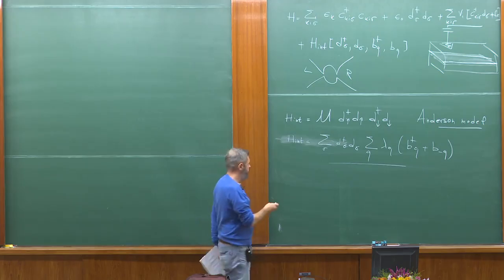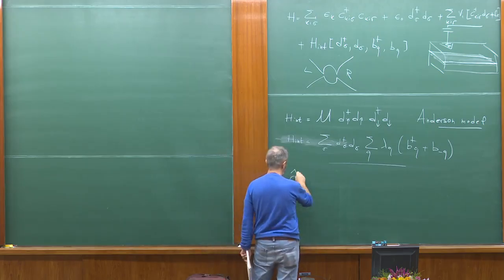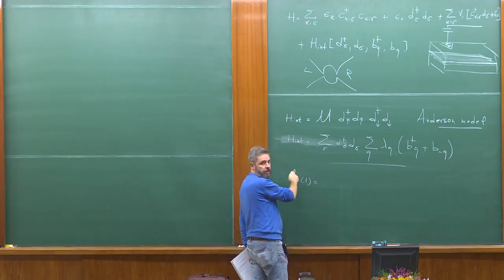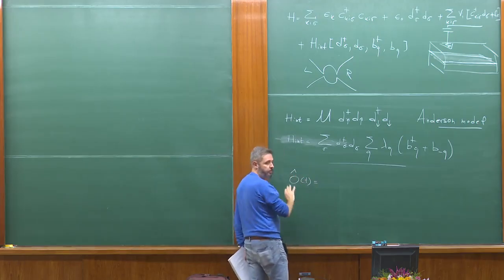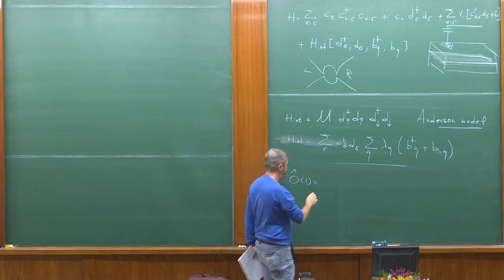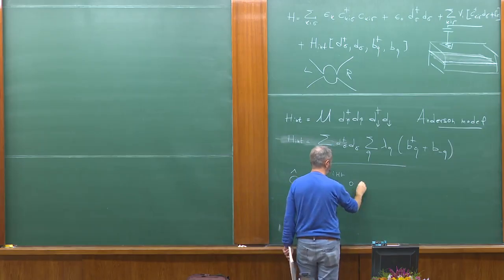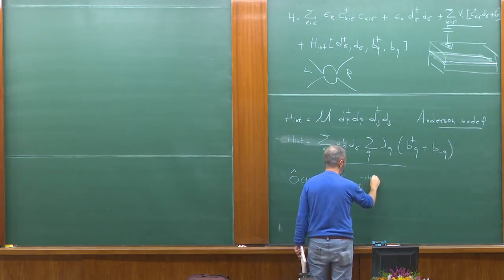Why not? So using the standard notation, O of t, and from now on, this thing here is going to disappear. So they are all operators. e to the i H t, or e to the minus i H t.